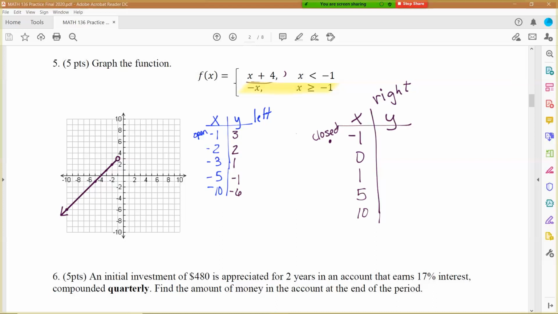So -x just means take the original sign and change it. So -x, if I want -1 in there, it's going to be +1. Well, 0 doesn't really change signs, so it's going to stay 0. +1 is going to change signs to -1. 5 is going to change signs to -5. And 10 is going to change signs to -10.